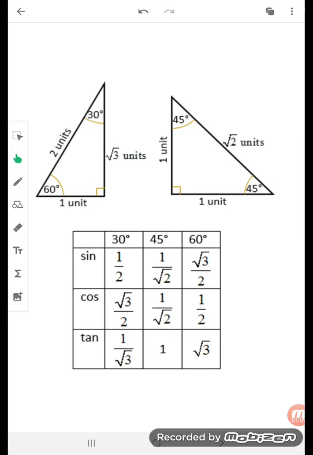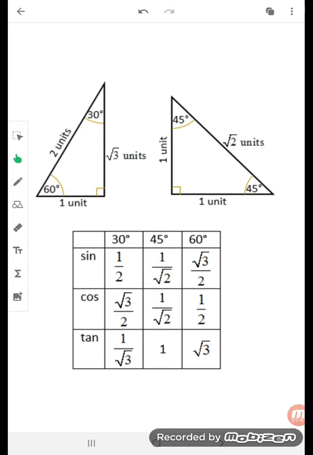For 60, sine 60 equals root 3 over 2, opposite over hypotenuse, and the cosine 60 is 1 over 2, tan 60 is root 3. In the second triangle, 45, it is an isosceles right angle triangle, so sine 45 equals cosine 45 because the ratio between sides is 1 to 1 to root 2.